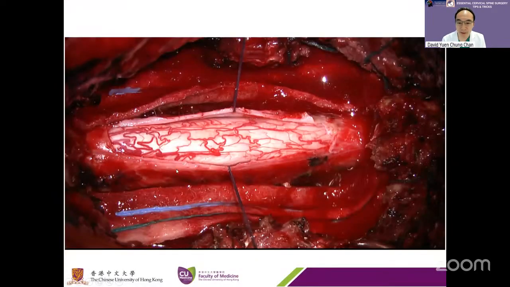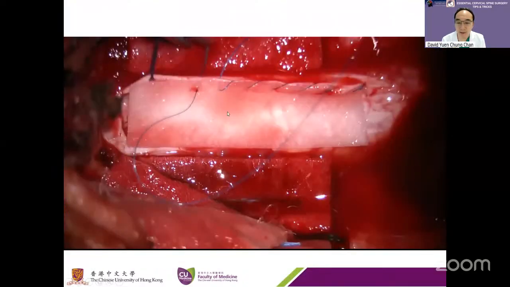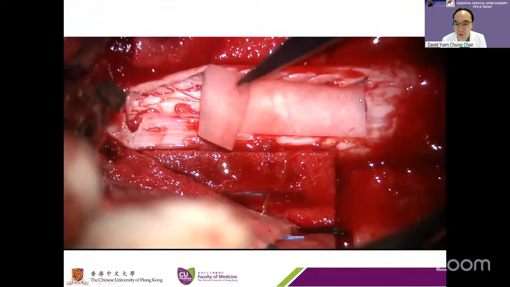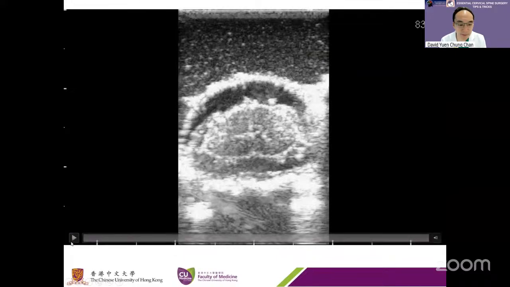Of course, in other well-selected cases, we need to consider the option of duroplasty by having a longitudinal duro opening at the dorsal side, and then putting in stitches and expanding the spinal canal.